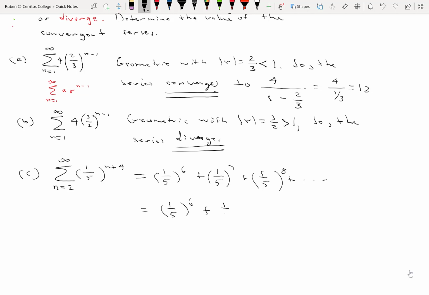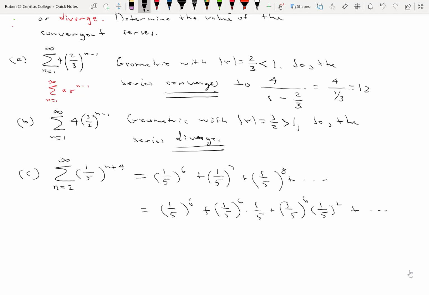The next term is 1/5 to the 6th times 1/5. That gives you 1/5 to the 7th. The next term is 1/5 to the 6th times 1/5 squared. If you add the exponents up, you get 8.